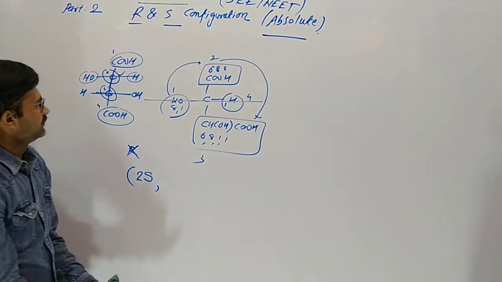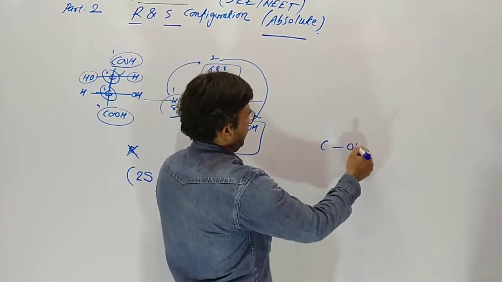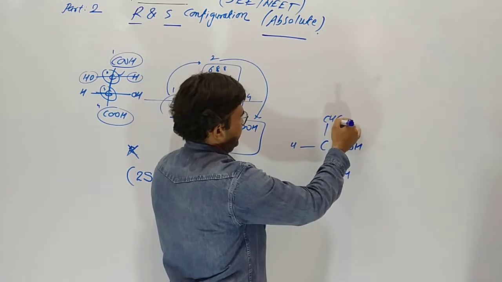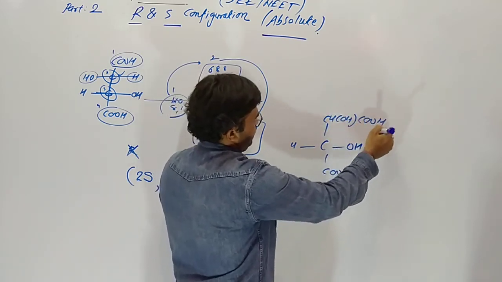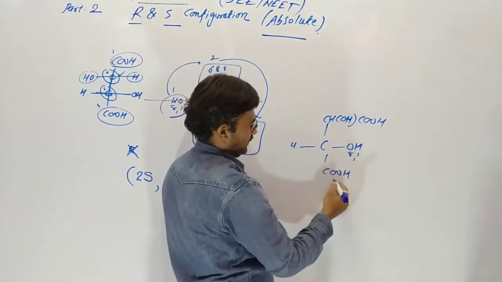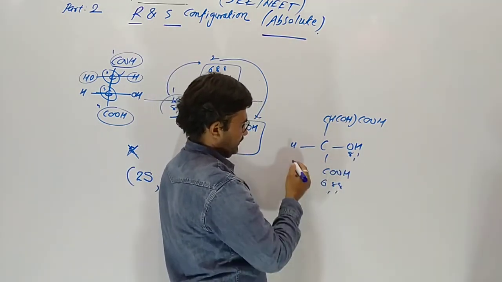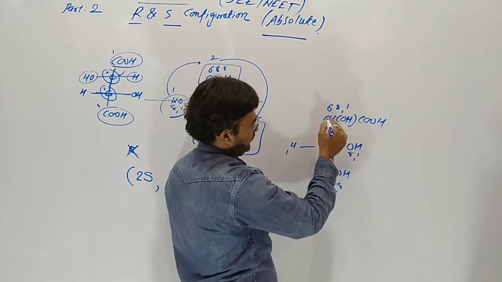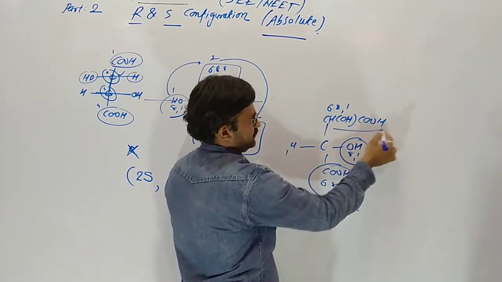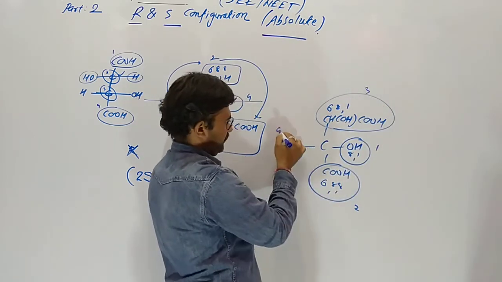What about this one? COOH, and now the abbreviated form of this is CHOH, COOH. Here it is 8, 1; 6, 8, 8; 1; 6, 8, 1. So here we have 1, 2, 3 and 4.